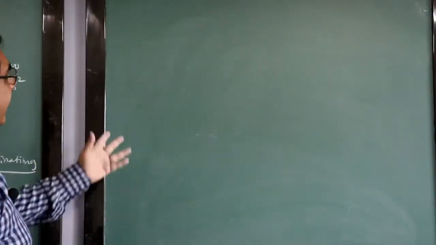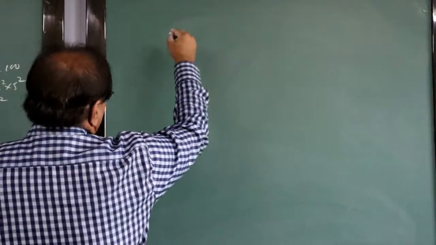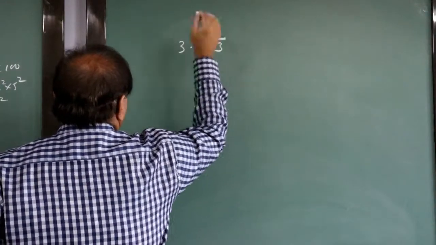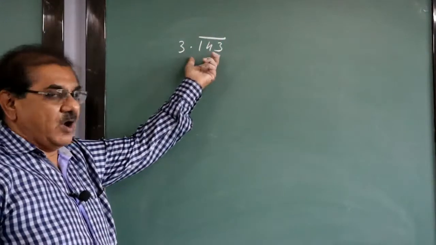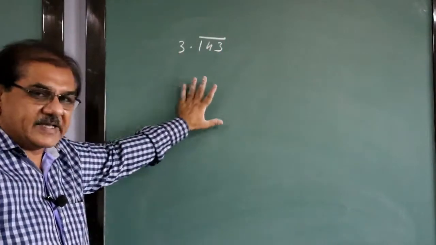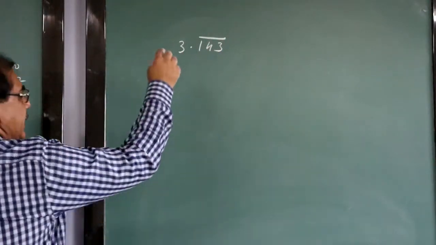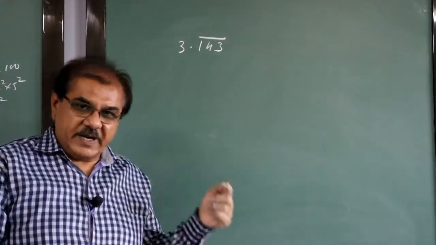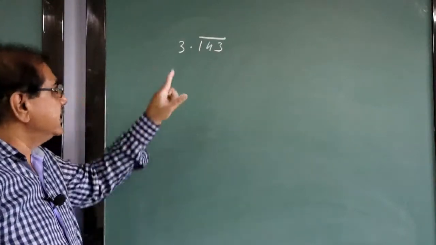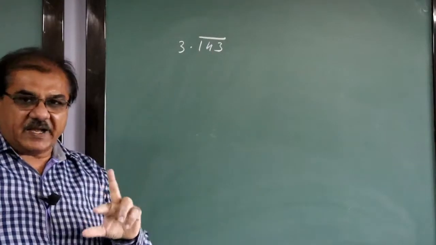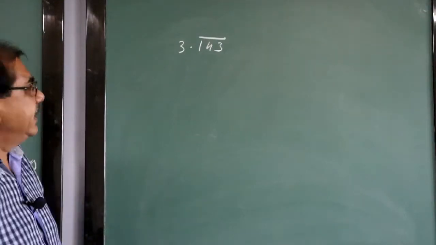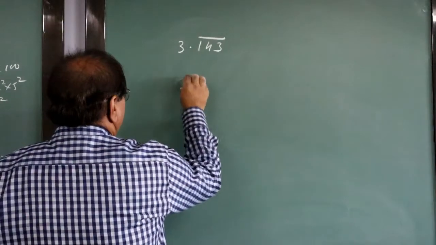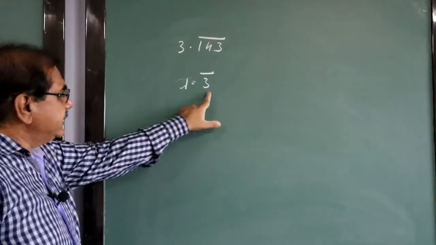Now one example I tell you, and you will tell me what type of number it is. 3.143, and this block is repeating. So is it rational or irrational? Check. It is repeating. Any one character it should have: it should be terminating, and if it is not terminating, it should be repeating. If it has any one of these, then it is a rational number. And 1.3 bar. Here only 3 is repeating.